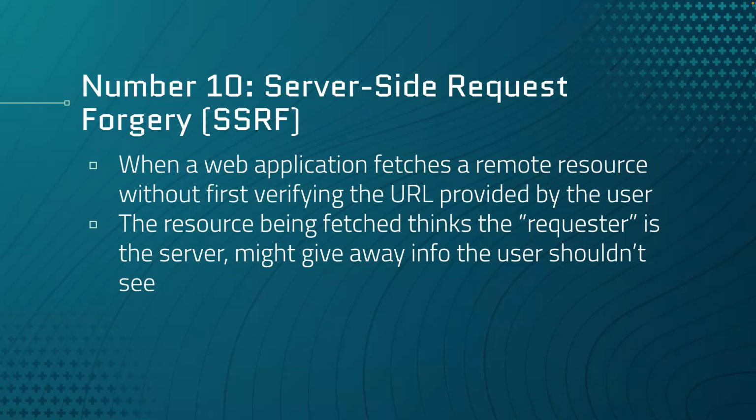It's basically trying to mimic what the server would request from another server to get a resource, for example from a database. So this is usually used in conjunction with SQL injections or cross-site scripting. But you're trying to attack a server through a server that's already vulnerable, and forging those requests.